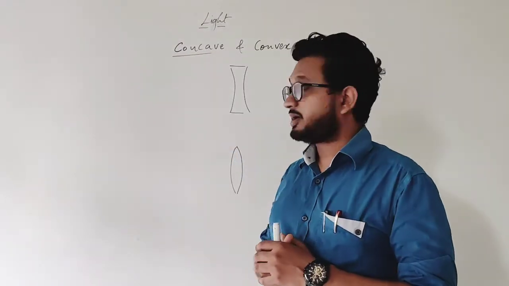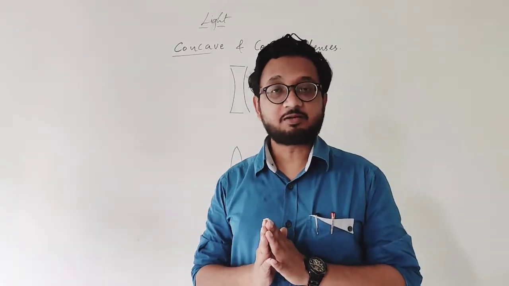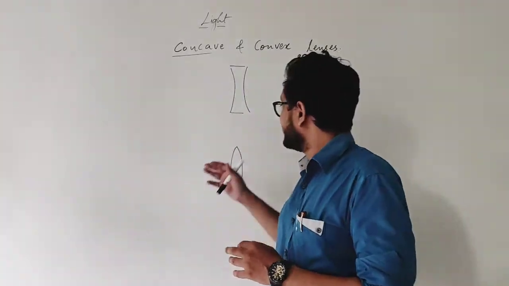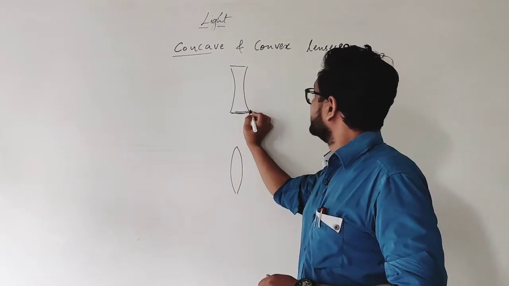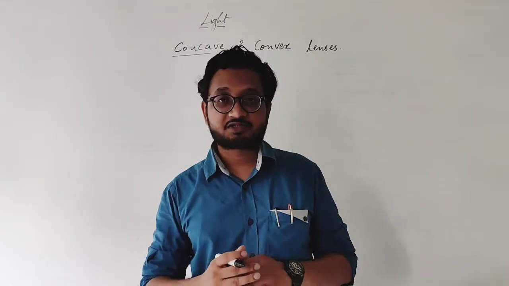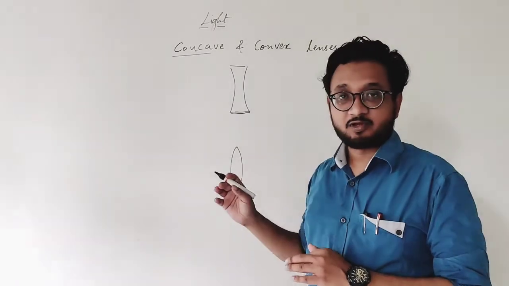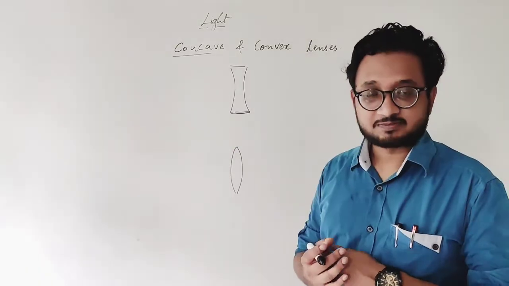Okay, students, so if you remember, concave mirror and convex mirror, we called them spherical mirrors. Okay, they were part of an imaginary sphere. So same thing goes for the lenses as well. They are part of a spherical image. You can imagine that image inside and we can define some values just like we did for the mirrors.